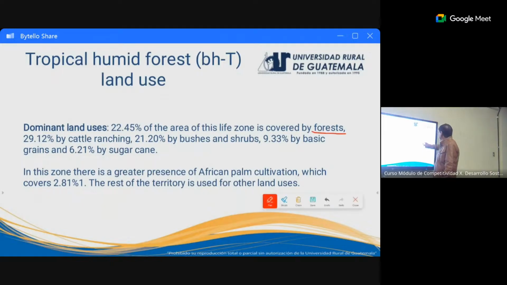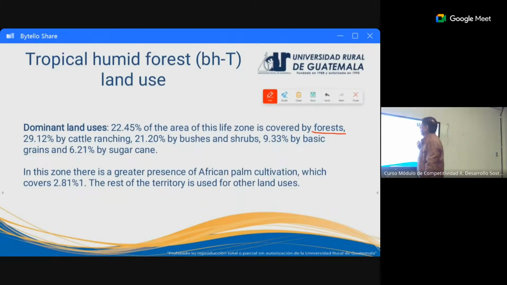So these tropical humid forest contains forests, 29.12% by cattle ranching, 21.20% by bushes and shrubs, and 9.33% by basic grains. Remember, basic grains are like maize, like beans, like wheat, or maybe rice.